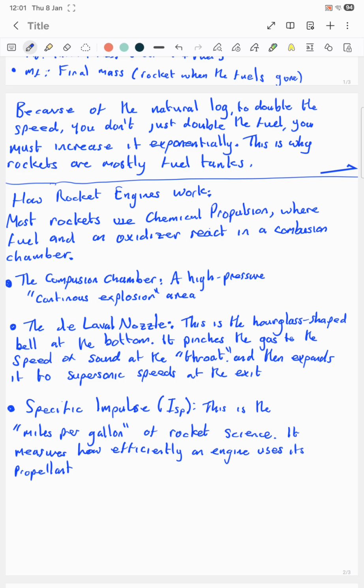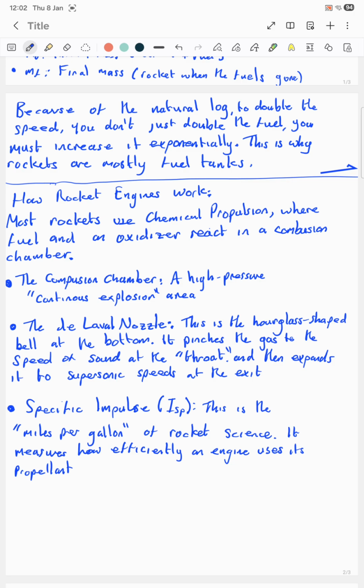How rocket engines work. Most rockets use chemical propulsion, where fuel and an oxidizer react in a combustion chamber. The combustion chamber is a high pressure continuous explosion area. Now the Laval nozzle, this is the hourglass shaped bell at the bottom.